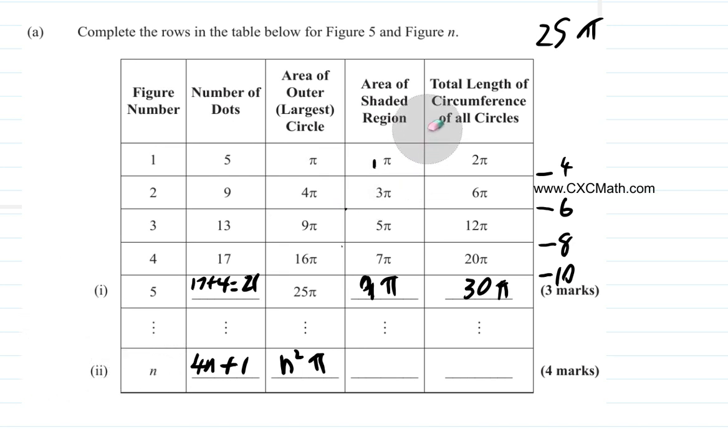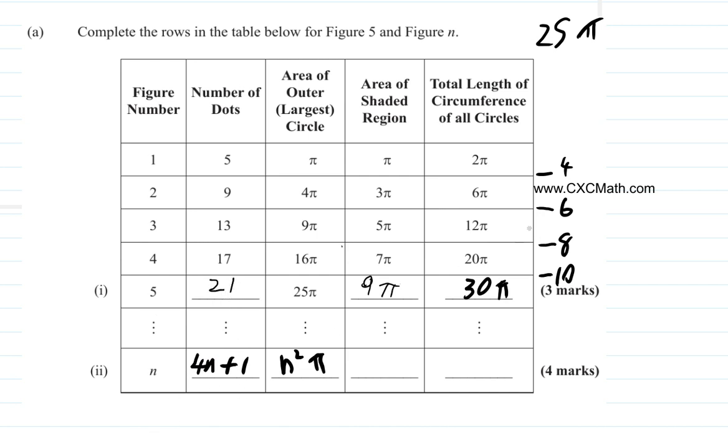You can always go back and do a screenshot of the work. Let me see something here. I could erase. This was 9 pi. Alright. This was 21. So let me just write the 21 here.